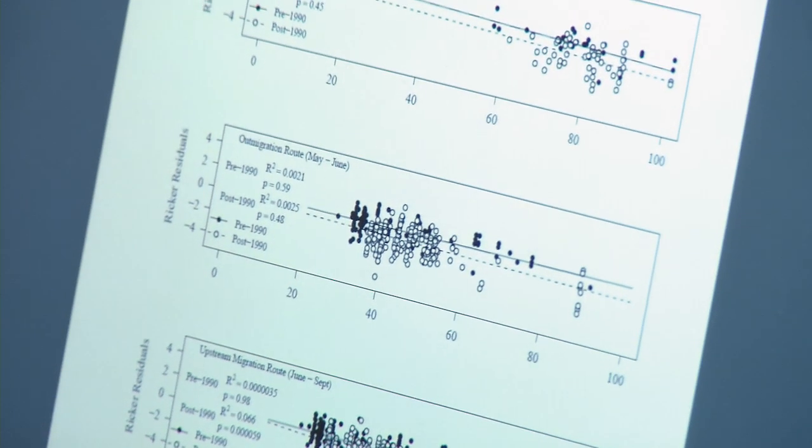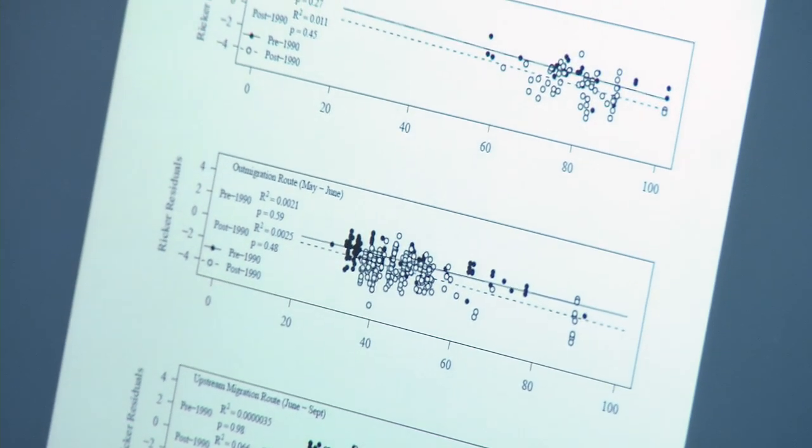We've split that data into pre-1990 data. Those are the solid circles that you see there, and the relationship is plotted as a solid line for the pre-1990 data. You'll also see hollow circles. Those are the post-1990 data, and the relationship between the water quality index and the productivity is indicated by a dotted line in that case.